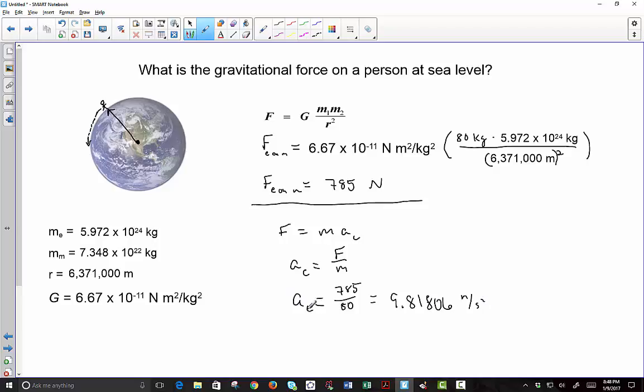I'm sorry, I said centripetal, but this is the acceleration due to gravity. So that's g, and that's about right, 9.8. That's what we take to be the acceleration due to gravity.